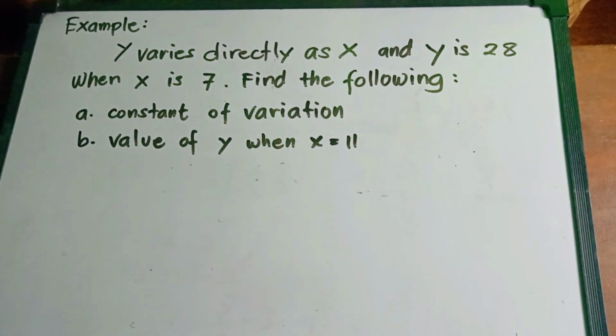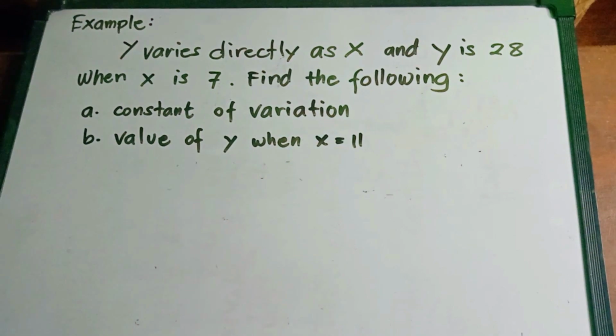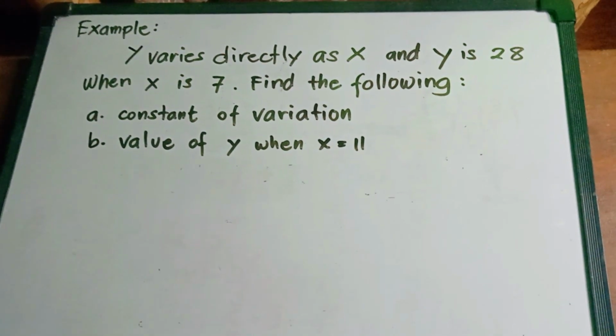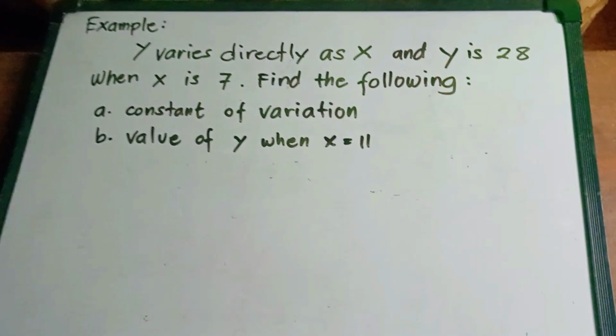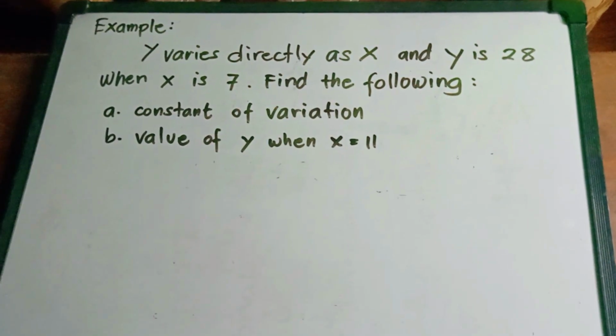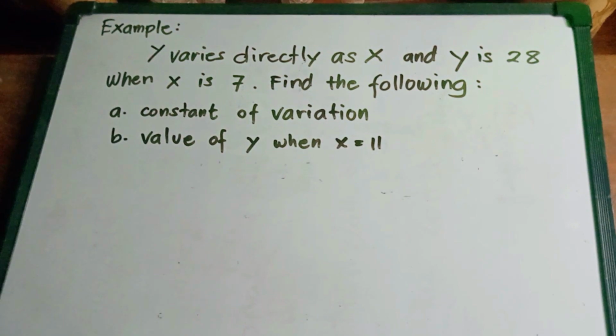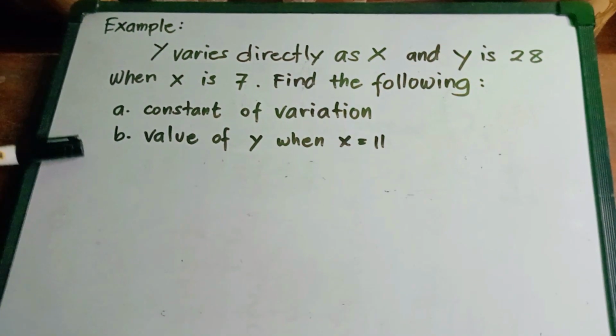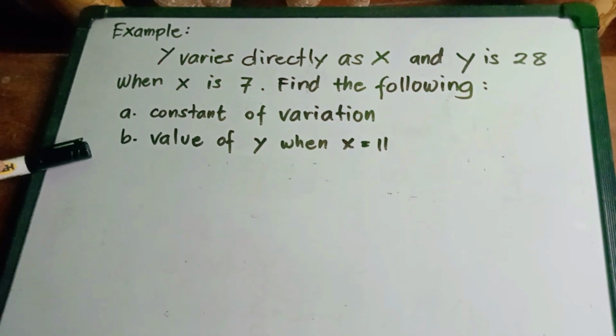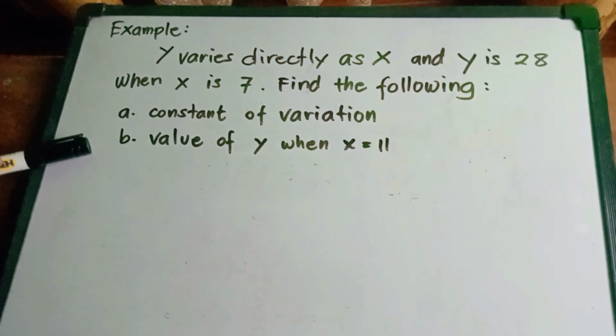Okay, example. So y varies directly as x, and y is 28 when x equals 7. Find the following. So letter A, the constant of variation, and letter B, the value of y when x equals 11.